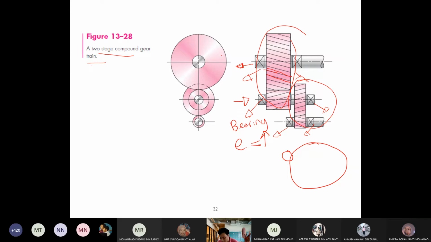So there are two types of gear train. First, the two-stage compound gear train, which is in this picture. Second, a compound reverted gear train, on page 693, Figure 13-29. Later we will look at questions related to this. Alright, let's have a look at the example.